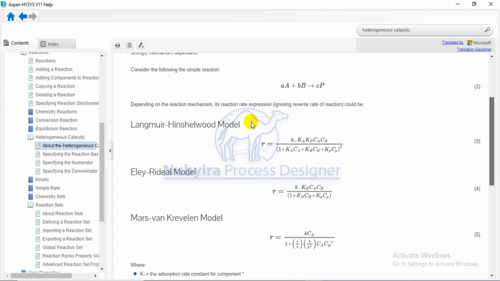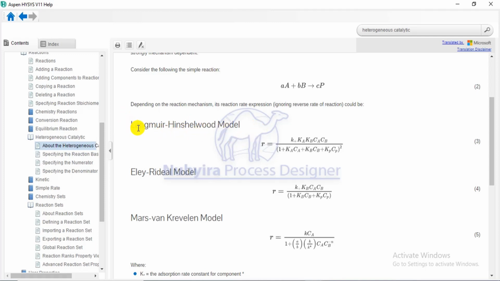But if you are using Aspen Plus, you may not see heterogeneous catalytic. What you will be seeing is Langmuir-Hinshelwood Hougen-Watson. So either you see Langmuir-Hinshelwood or you see the heterogeneous catalytic.